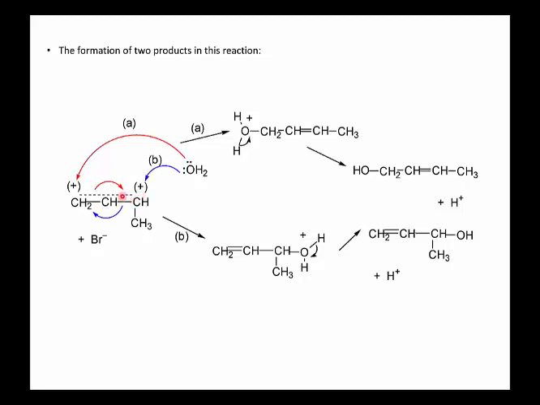The pi electron density here is pushed away, and so you end up with a double bond here. All right, now we have our water bonded to the CH. There's a positive charge on the oxygen. It's going to eject a hydrogen ion, and that forms the alcohol product here. That matches one of the alcohol products that we wrote on the whiteboard.